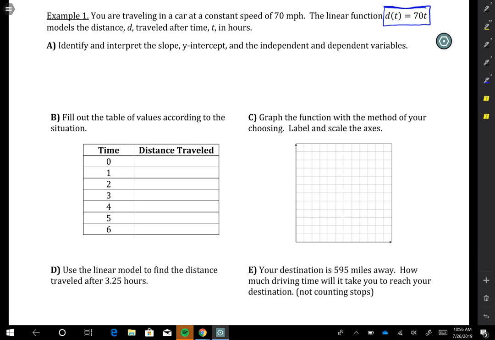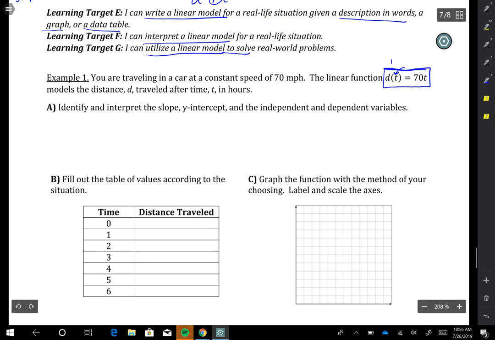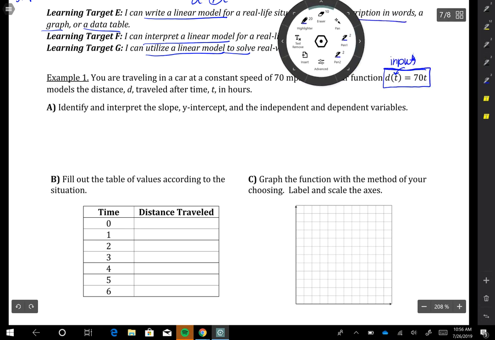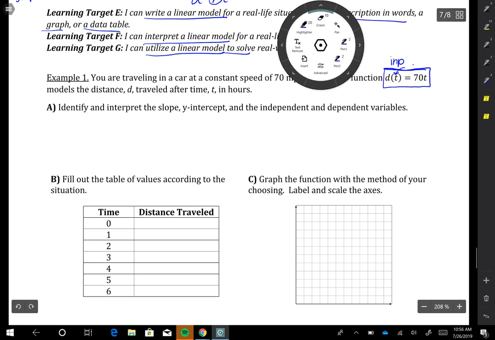And this is in function form. So remember with function, the input is what goes into the parentheses. And the output, like in this case, it's the D. So it's what's on the outside of the parentheses.